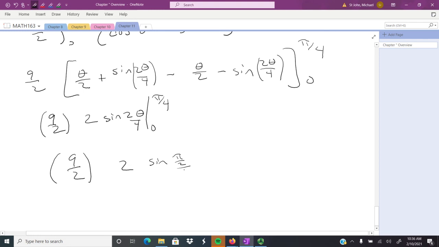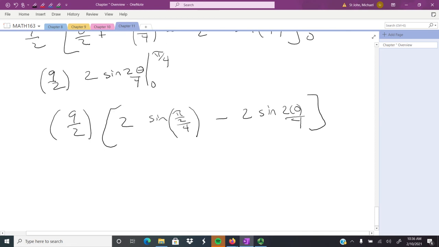Over 4, right, for that, minus 2 sine 2 times 0 over 4. So this is 9/2, 2 sine pi over 2 over 4, which ends up being pi over 8.